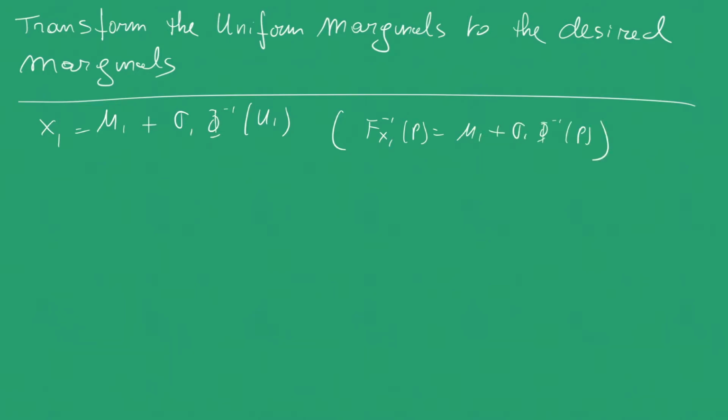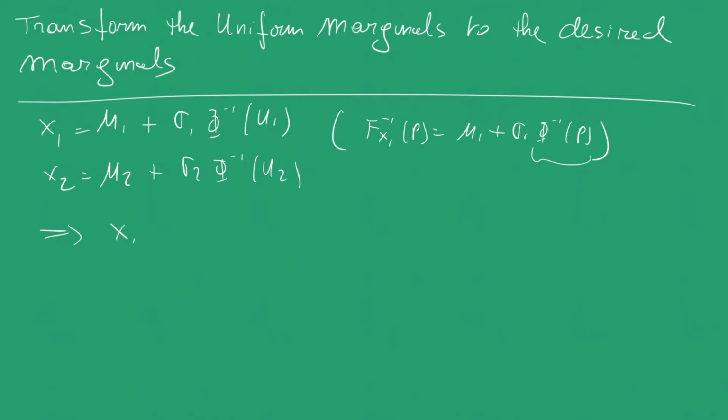And you can check that for yourself, that if you have a normal distribution with some mean and some variance, then the inverse CDF of that normal distribution is just based on the inverse of a standard normal distribution. We do the same for x2, mu2 plus sigma 2 phi minus 1 u2.